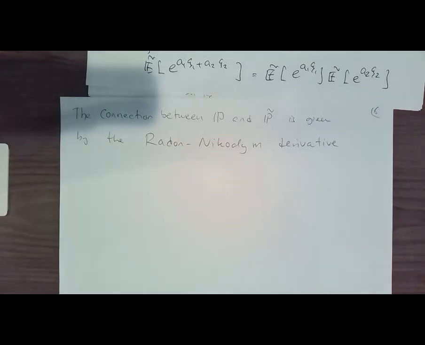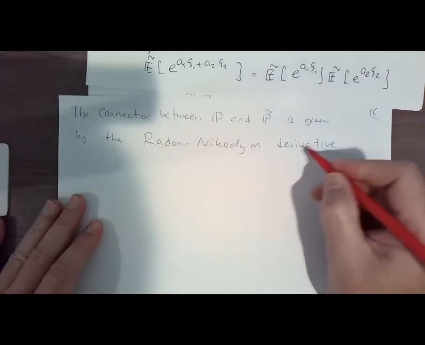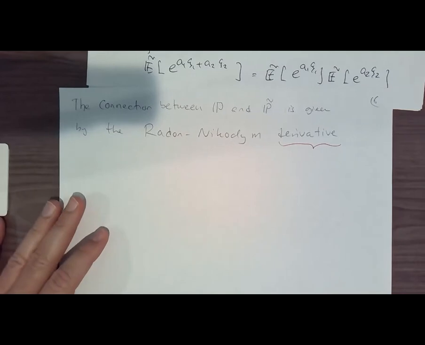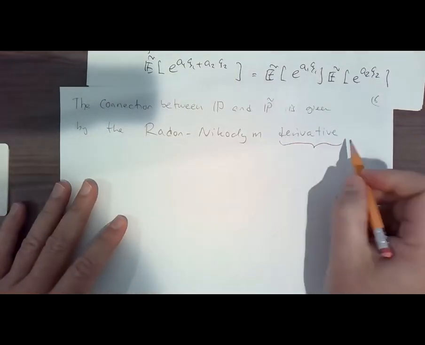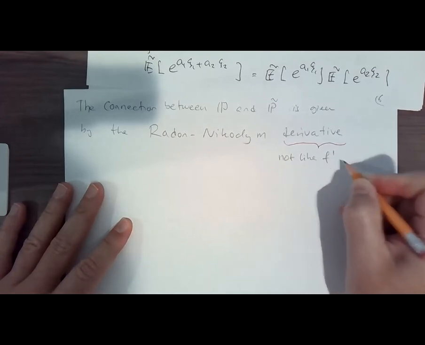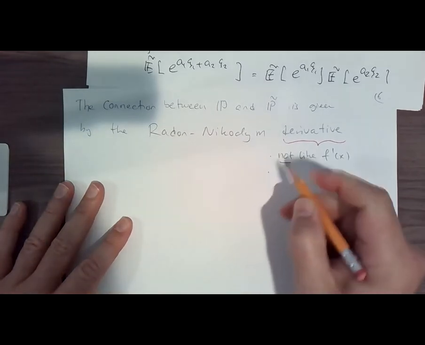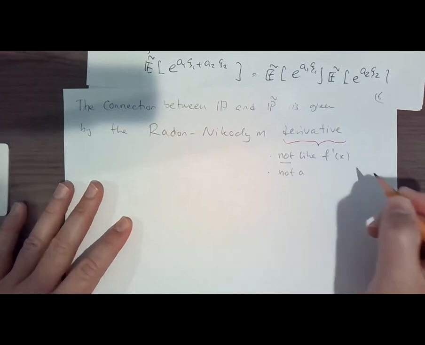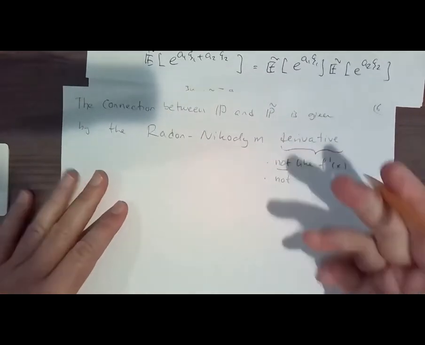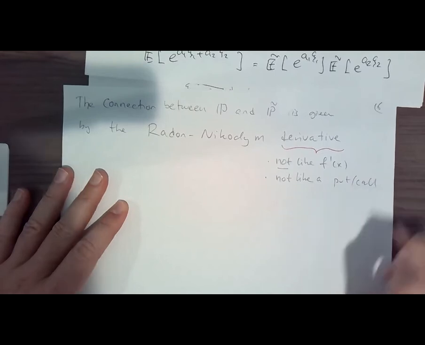It's an unfortunate thing that it's called a derivative. We have seen many uses of the word derivative. This here is not like f prime of x, and it is not like an option, not like a put or call.